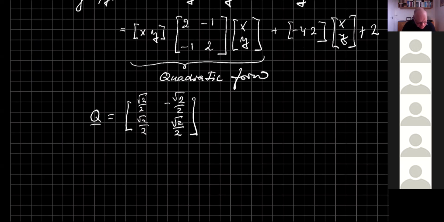So this is your orthogonal matrix, and then you know that the transpose Q times A times Q is equal to a diagonal matrix containing the eigenvalues 1 and 3 in the diagonal, 0 elsewhere.